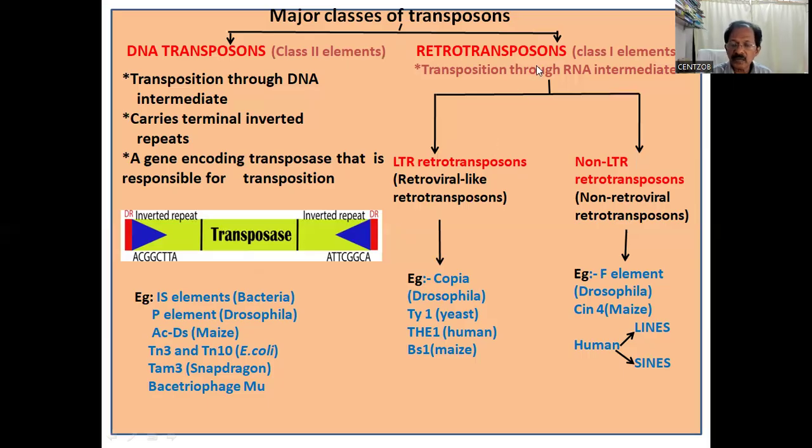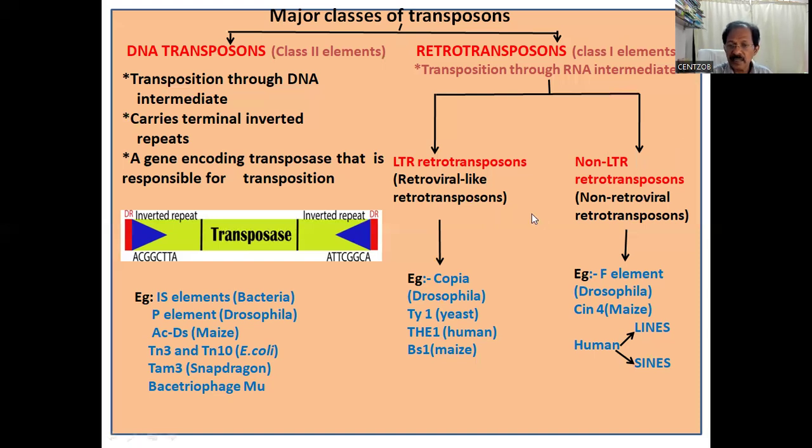Then, I told you retrotransposons we will study in detail later, but you just see the classification. Retrotransposons can be broadly divided into two: LTR retrotransposons and non-LTR retrotransposons. LTR retrotransposons are also known as retroviral-like retrotransposons. It is not retrovirus retrotransposon, it is retroviral retrotransposons.